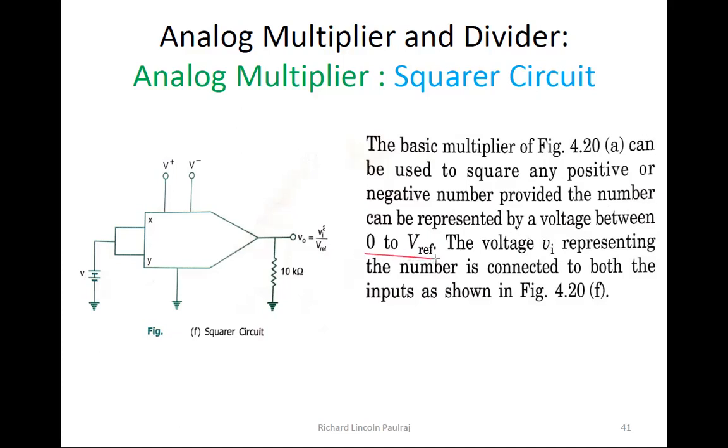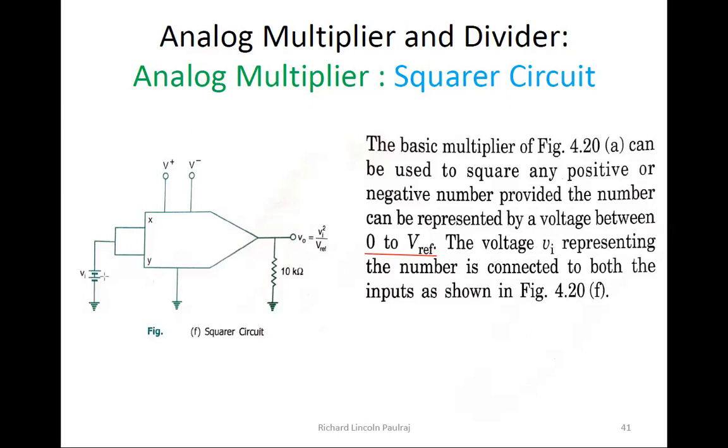If it's not in this range, then remember, we had seen that it is not going to be in the normal form, but it's going to be saturated. So it is going to malfunction. So we need voltage levels which are less than V reference.